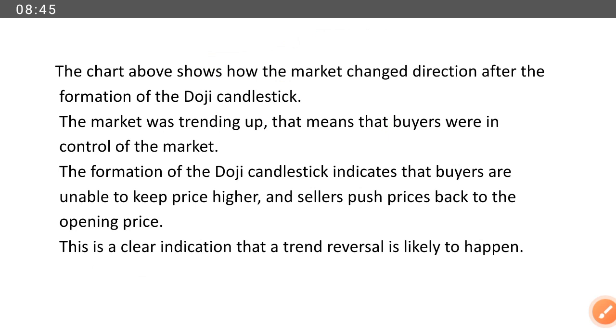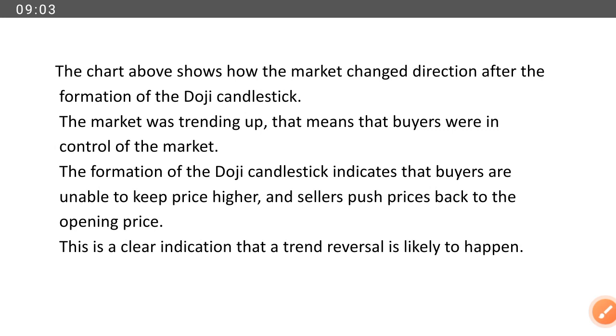Now, the chart above shows how the market changed direction after the formation of the Doji candlestick. The market was trending up. That means that buyers were in control of the market.